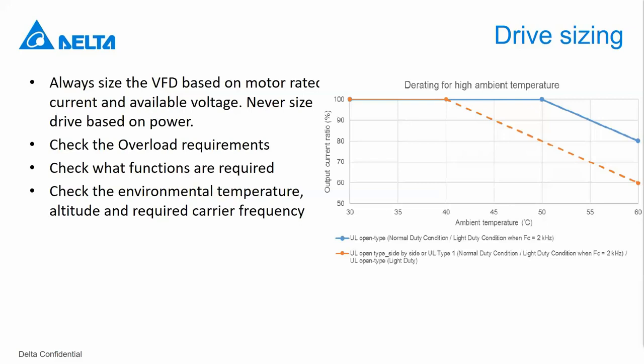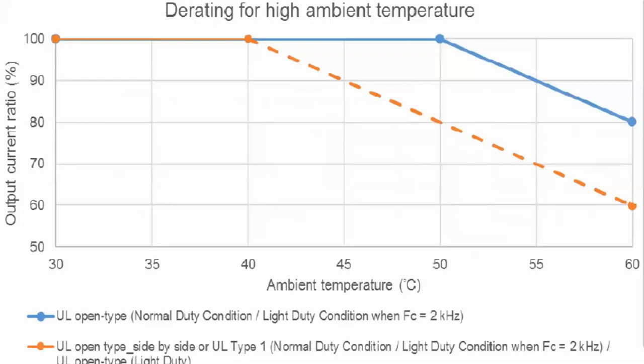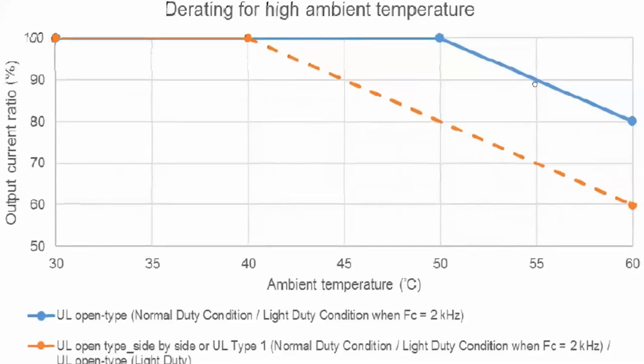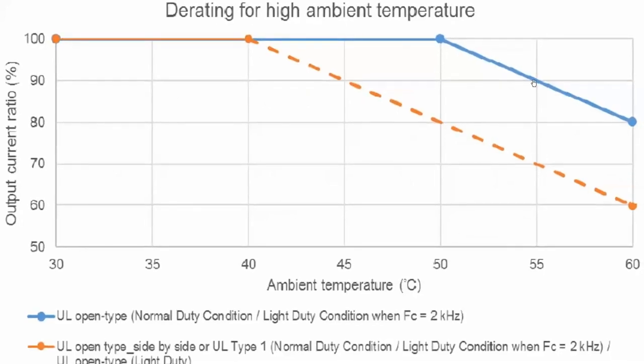For instance, you can check here a typical derating graph for high temperature. In this case, if the ambient temperature is 55 degrees, then depending on the drive that you select, you will have to derate by 90%. That means you will have to check the rated current of the drive.